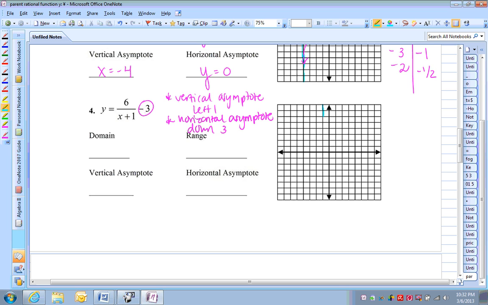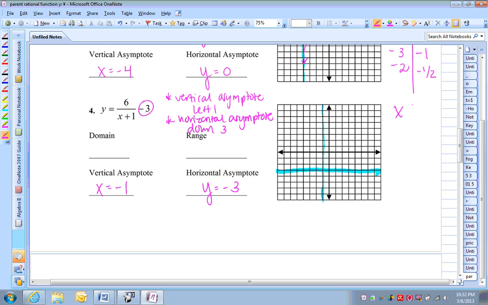Moving left 1 from 0 makes my vertical asymptote at x equals negative 1. And moving down 3 from 0 makes my horizontal asymptote at negative 3. When we write the equations of those lines, they're going to be x equals negative 1, and y equals negative 3.